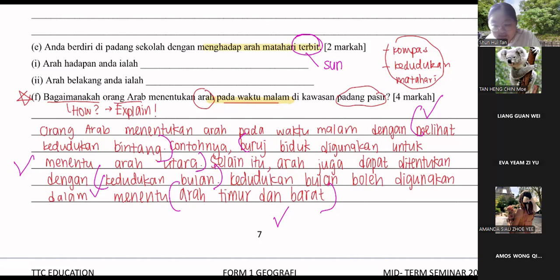So if you are facing the sunrise, arah hadapan Anda ialah, in front is what direction? Timur. Okay. If in front is timur, behind is barat. Of course, they might ask you left and right as well, okay?